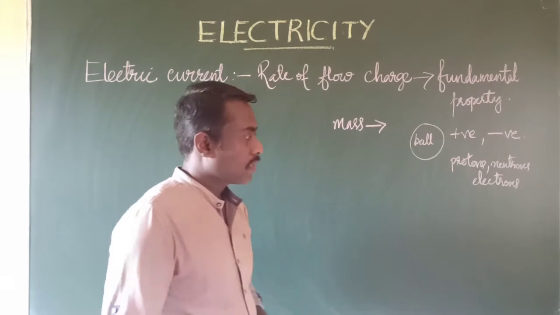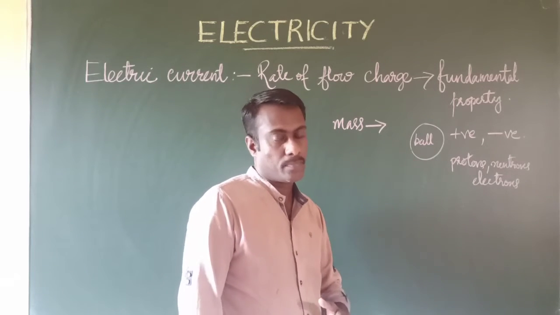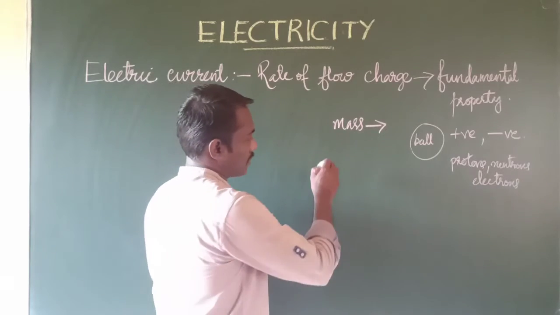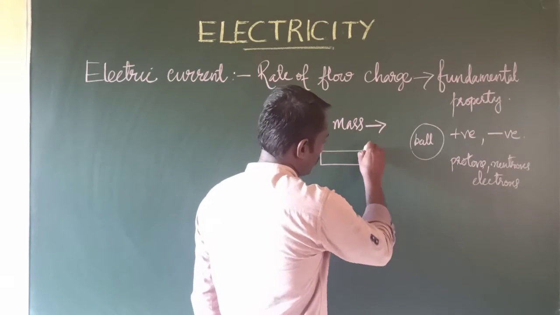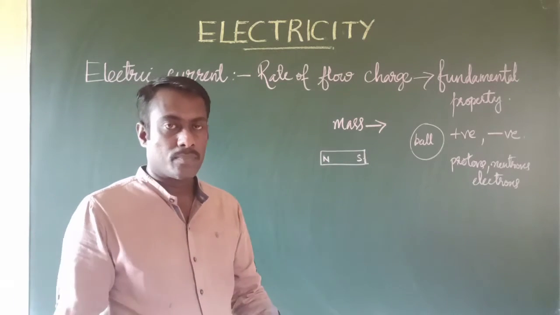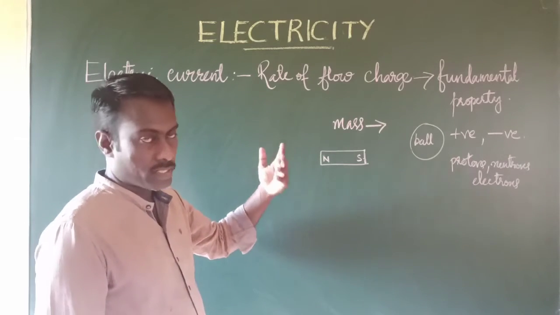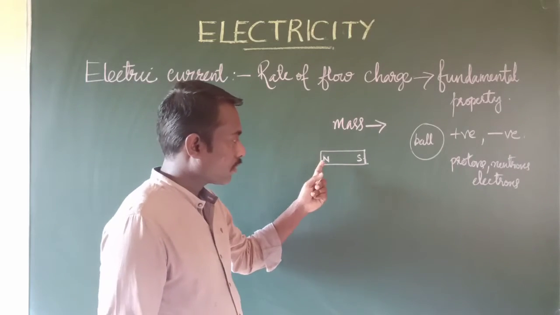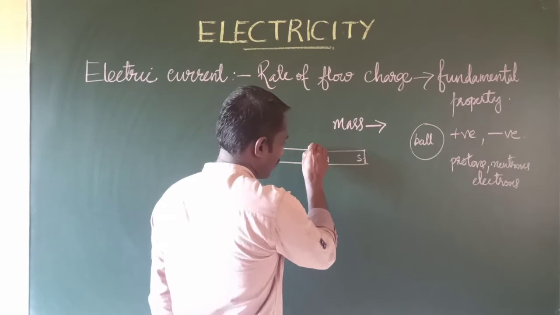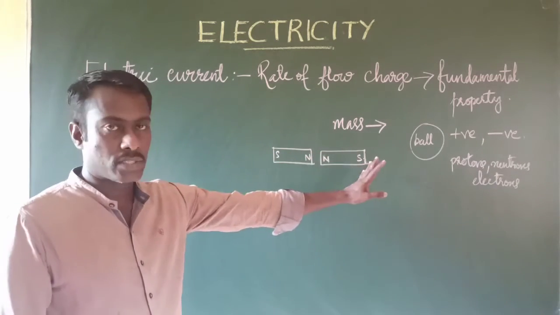When we compare these positive and negative charges to the magnetic property of a material, a magnet has a north pole and a south pole. We all played with magnets, and when two magnets are brought nearby and a north pole and north pole come together, they repel each other.